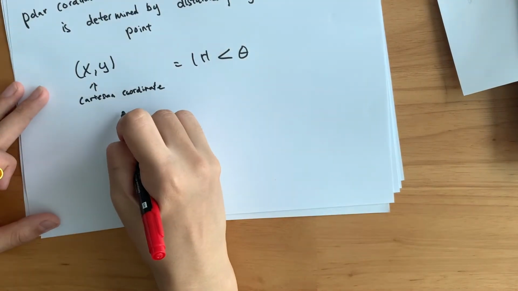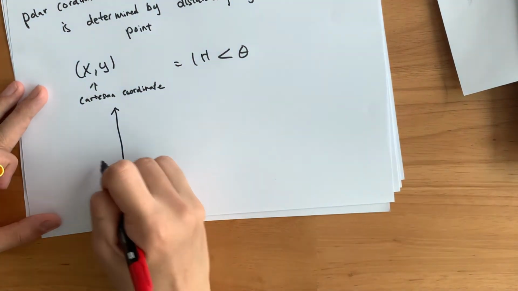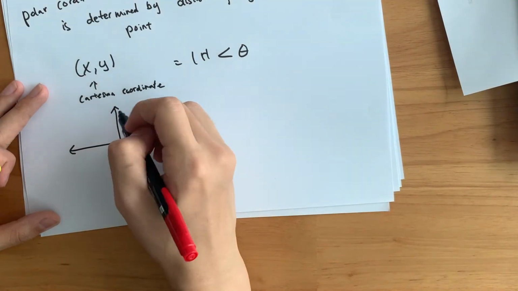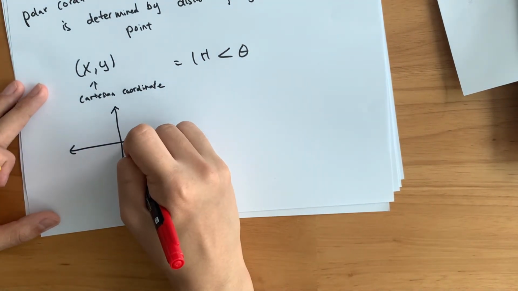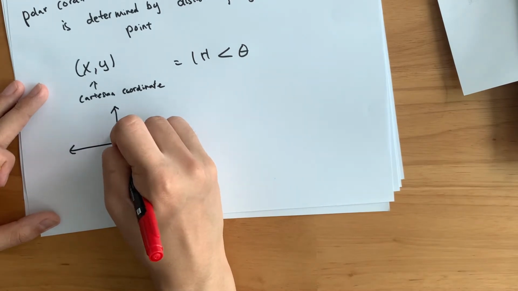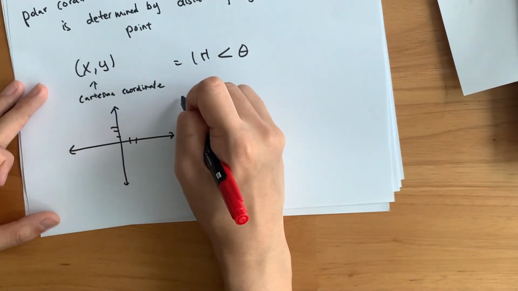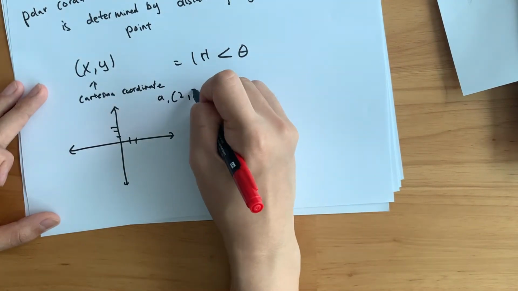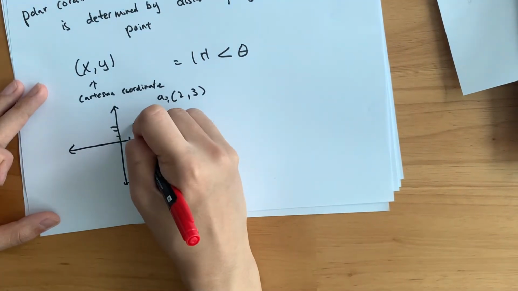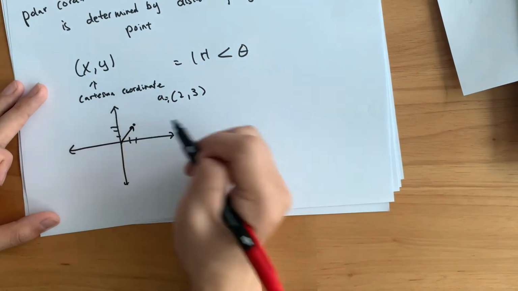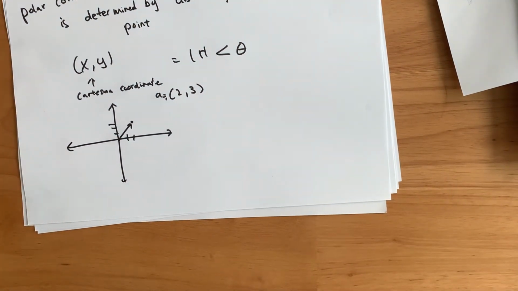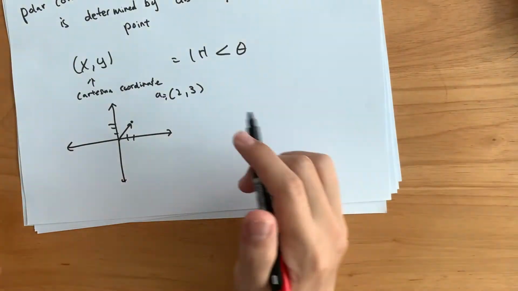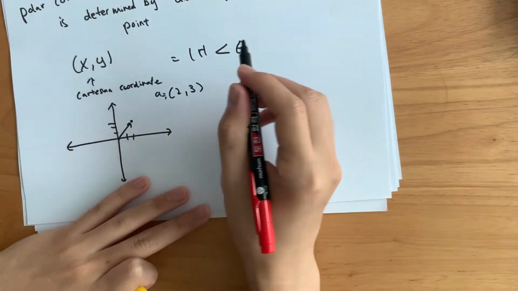Let's say we have a graph like this, and let's say A is equal to (2, 3). We have a vector like this, right? Let's say we want to represent this by polar coordinates. How do we do this?